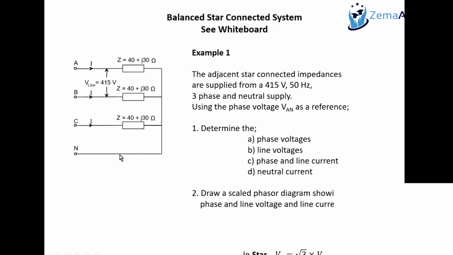Therefore, the neutral current would be zero. I repeat, in the star connection, if the system is balanced, meaning all impedances are equal, the neutral current would be zero. We need to prove it by applying Kirchhoff's current law, which says that the neutral current is equal to the sum of all currents, IA plus IB plus IC.